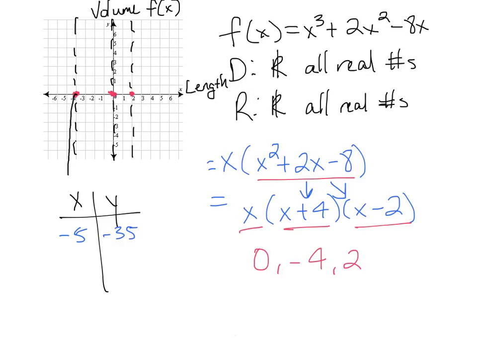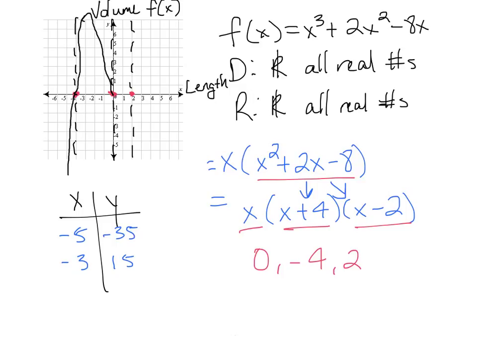For -3, I had 15. So that's up here somewhere, which means my line is going to go up like this. I don't know what happens yet, but I know it's going to come down at some point because, again, I know that it hits 0, 0.